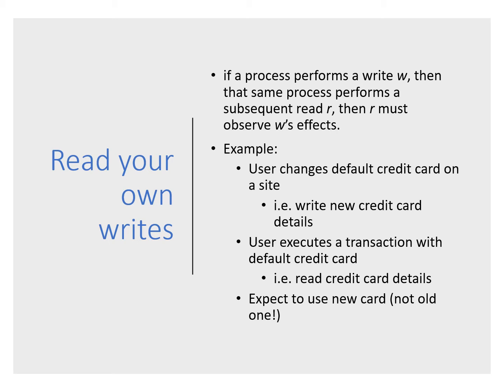So when you now go to check out again, the read for your credit card details gets sent to one of the replicas which has not seen the new credit card value. So we read the old credit card, which is not good, because in this particular scenario you would always expect to read the new credit card value, and hence you would expect to read your own writes.